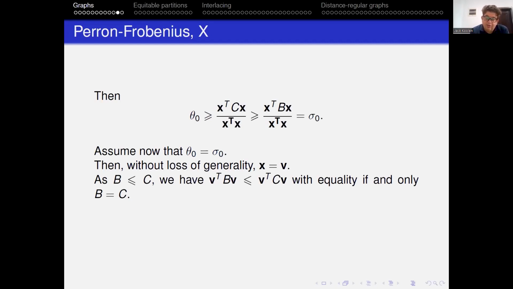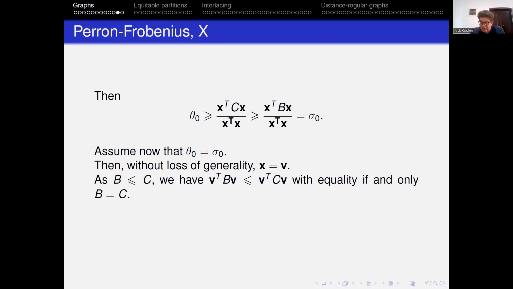And this, why do we get this? Because phi has only positive elements. So if B is really less than C, then we get strict inequality for this inequality. Yes, so that is the main point, because otherwise you cannot get equality.